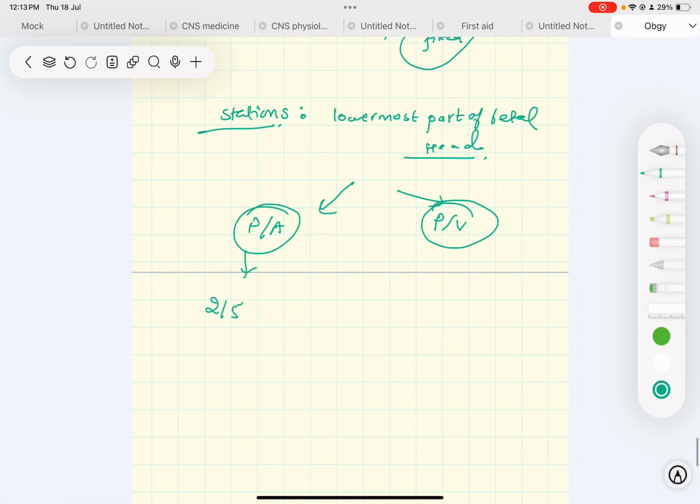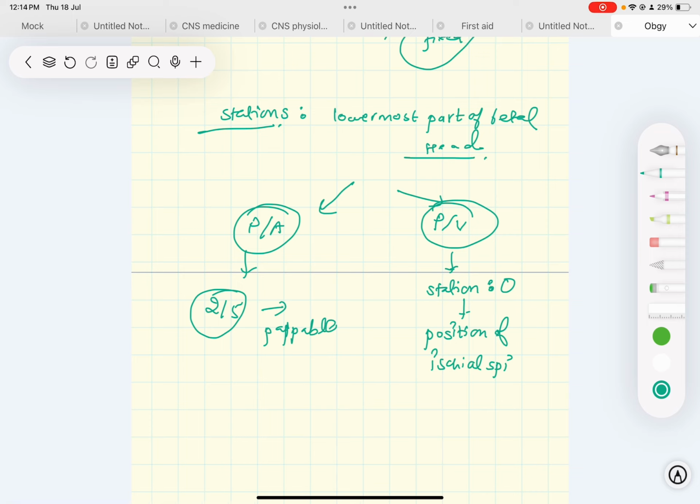So by PA, 2/5 of the head will be palpable, and in PV, the station of the head will be 0 when the baby is at the level of the ischial spine.